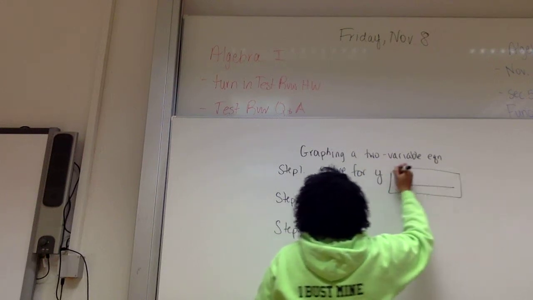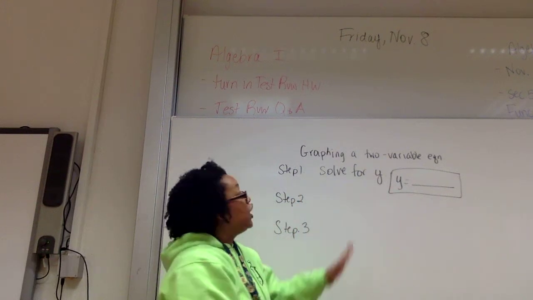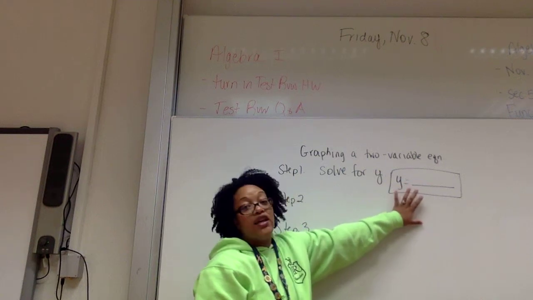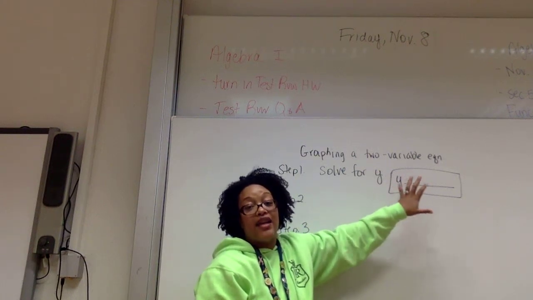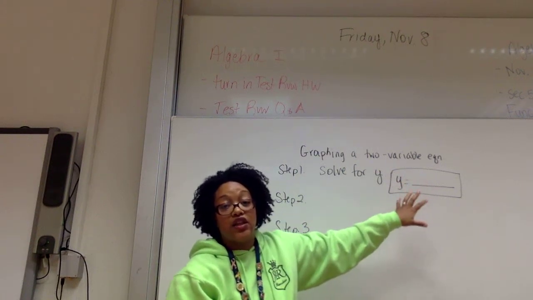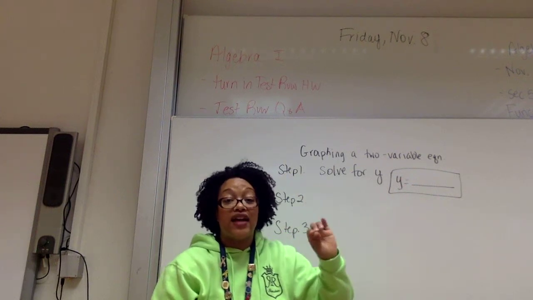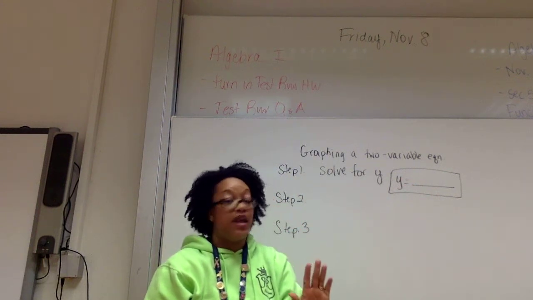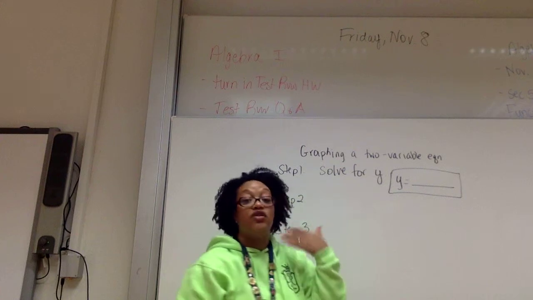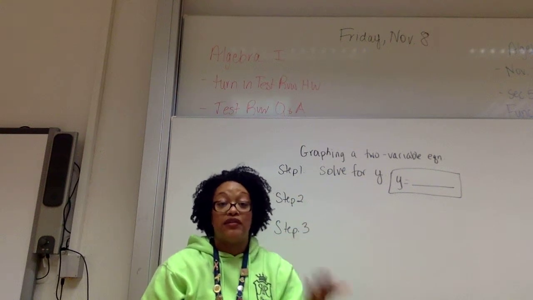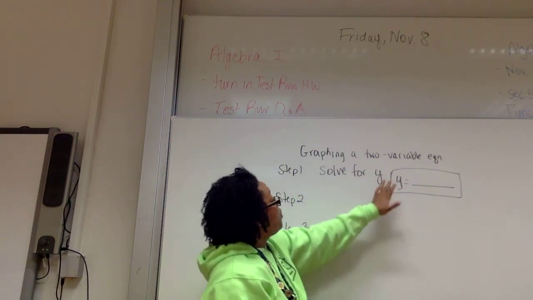Y equals something going on. You have to get your equation in this format in order to graph the linear equation. That's why that section was so important, because it builds the foundation of how to graph your points on a line. So that's step one, solve for y.